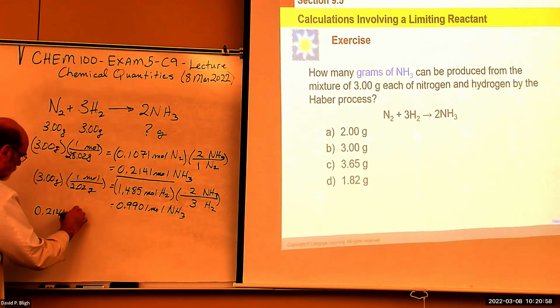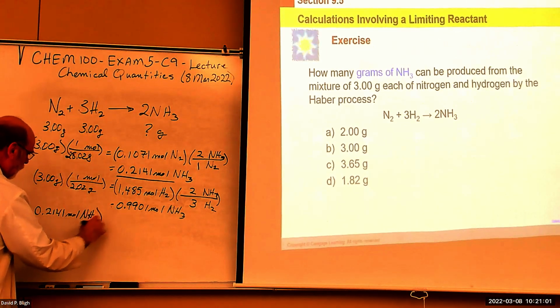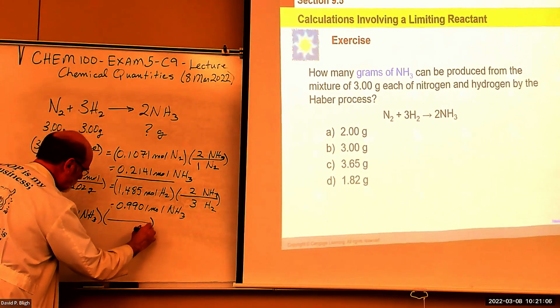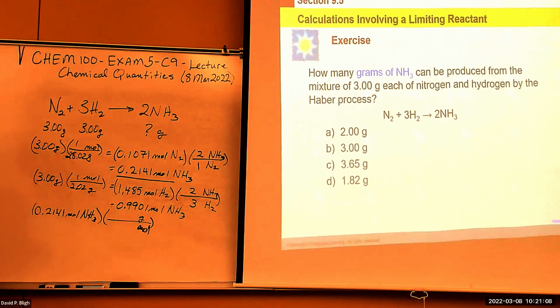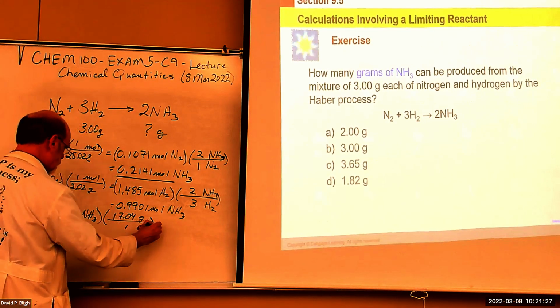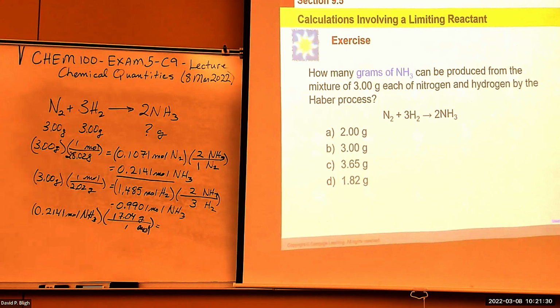0.2141 moles of ammonia, moles to grams. So ammonia would be what? 14.01 and 3.03 for hydrogen, right? 3 times 1.01. 17.04 times 0.2141, let's see.